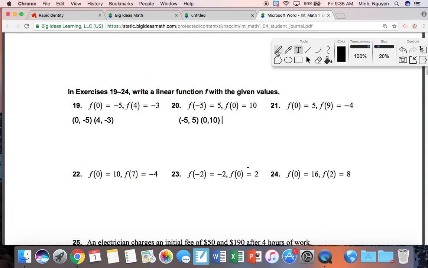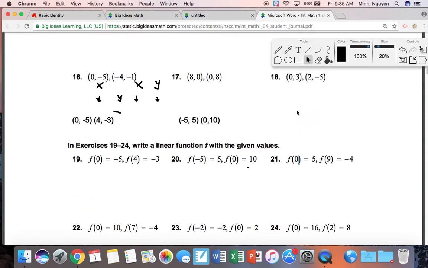And when you write function notation, this is the x. And then whatever you get on the other end is the y. So this is the x, this is the y. X, y, x, y.